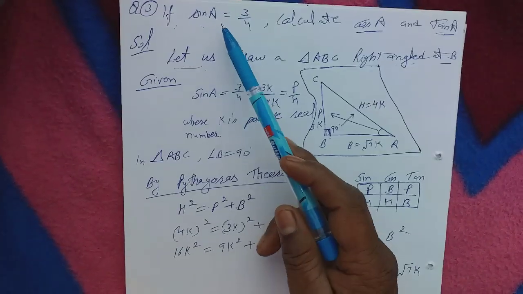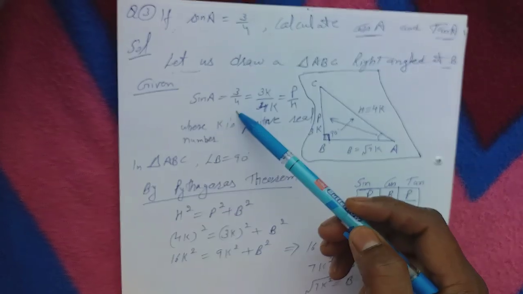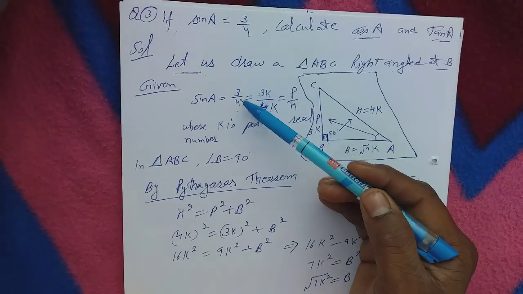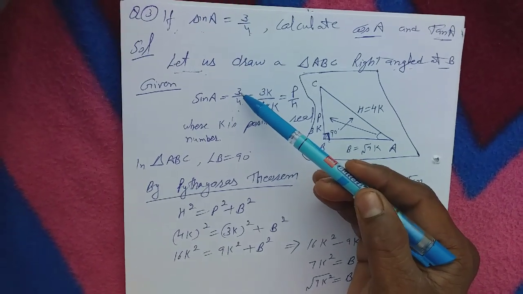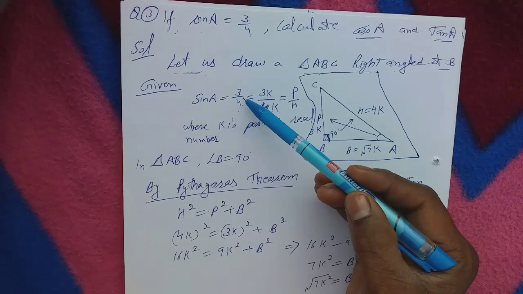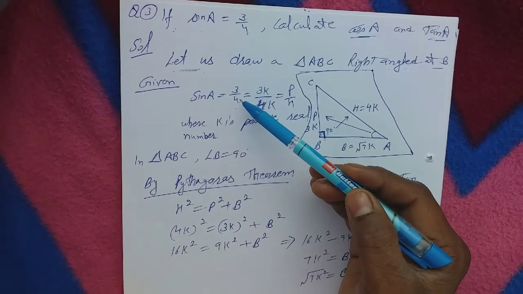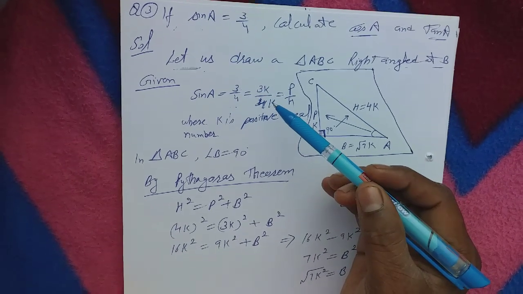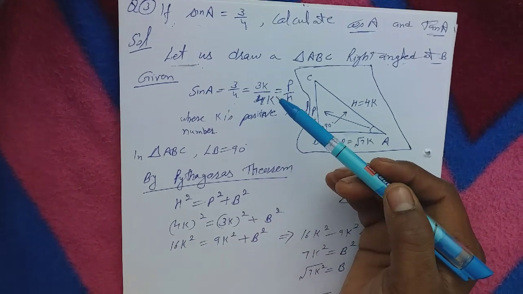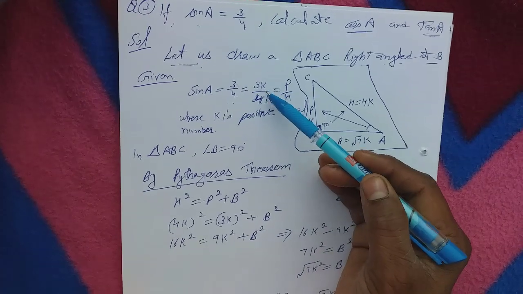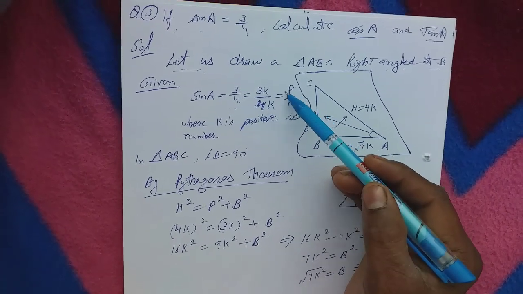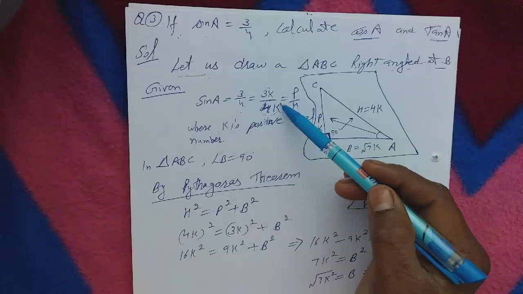We are given sin A is 3 upon 4. This is given as a ratio. If anything is given as a ratio, then the upper and lower parts are a common multiple of any real number. So let k be any real number. So 3k upon 4k.